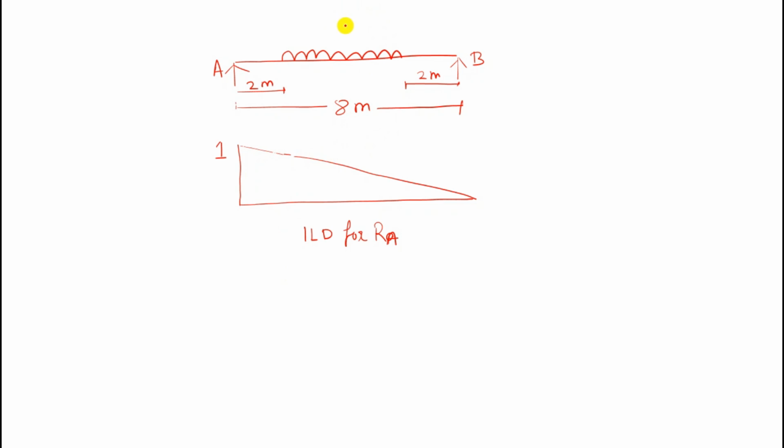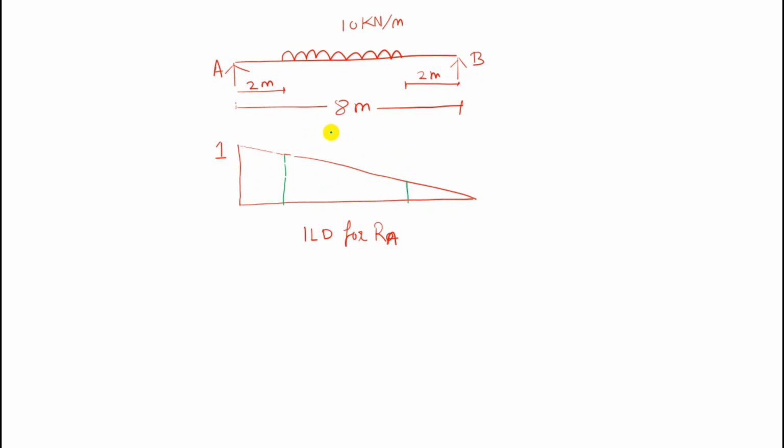And the value of the UDL is suppose 10 kilonewton per meter. Now for the UDL, the rule is like that: you draw a vertical line at the starting point of the UDL and the ending point of the UDL.